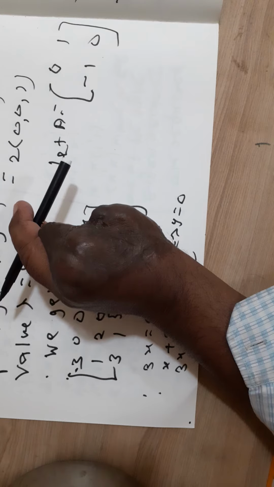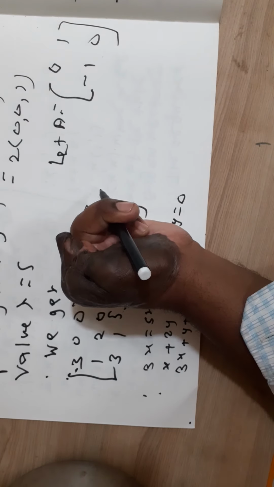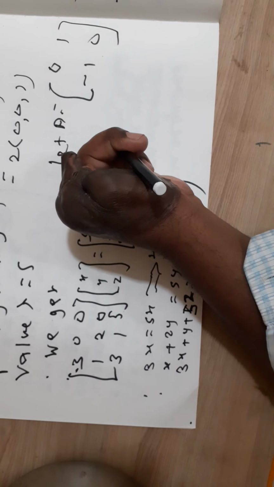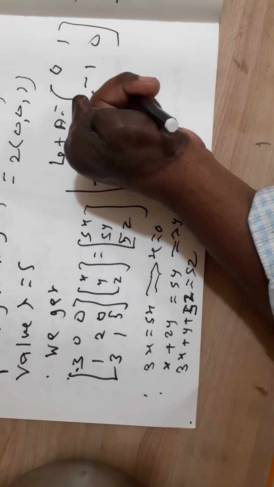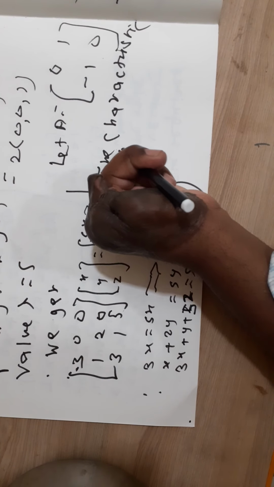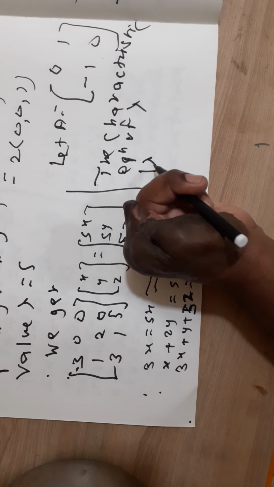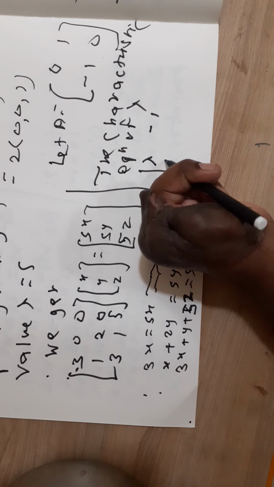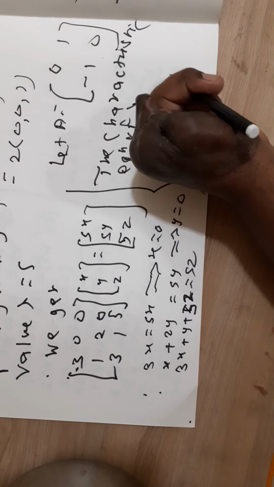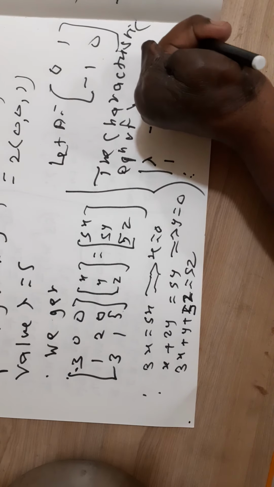The characteristic equation of the matrix A is the determinant of lambda, minus 1, 1, lambda, which is equal to lambda square plus 1. Therefore the characteristic equation is lambda square plus 1 is equal to 0.